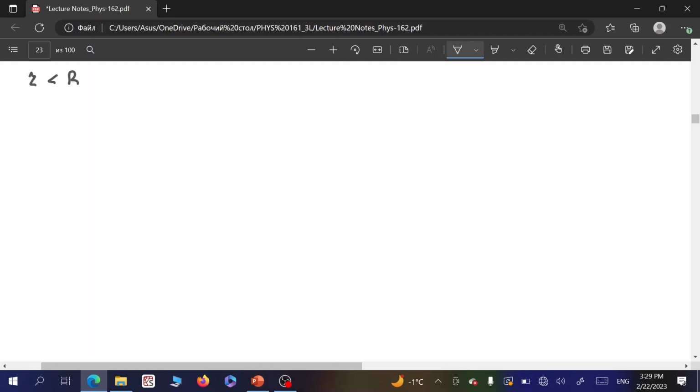So we also need to consider the first derivative of magnetic field flux over time, what we did previously. So first derivative of magnetic field flux over time will be equal. And now we need to think what we should consider.